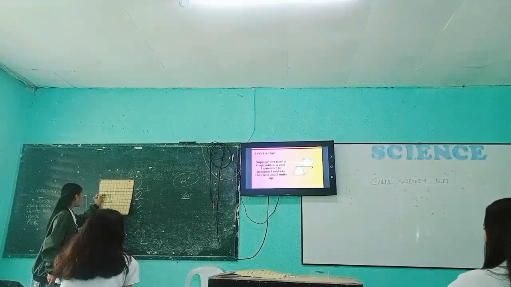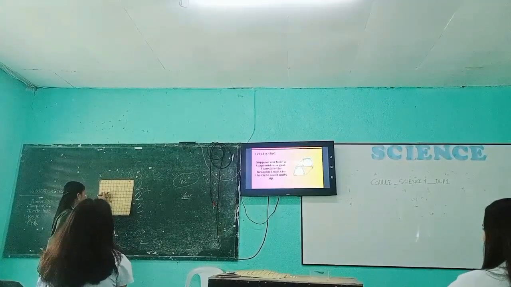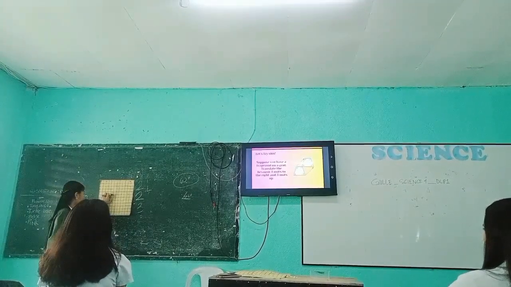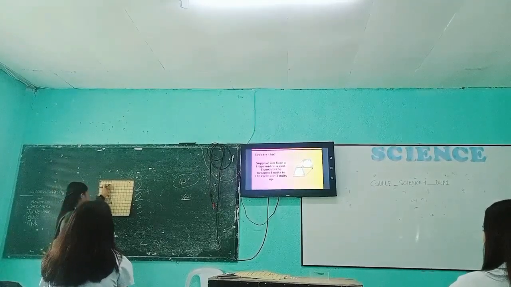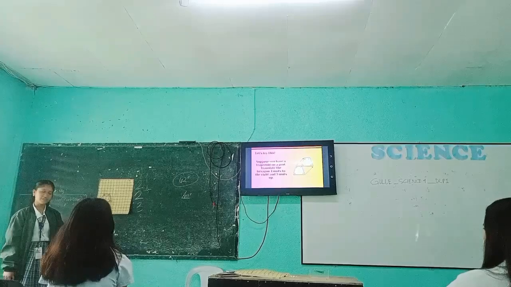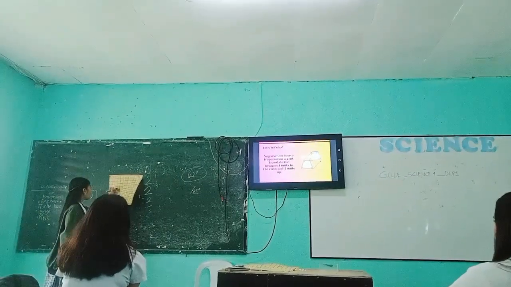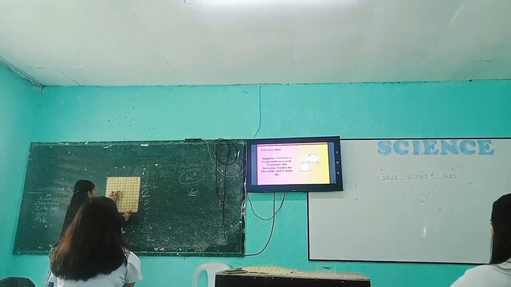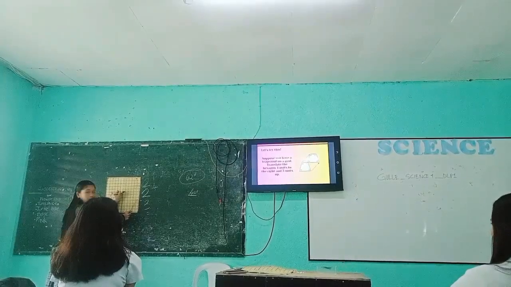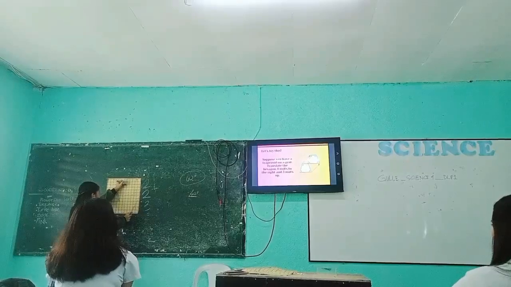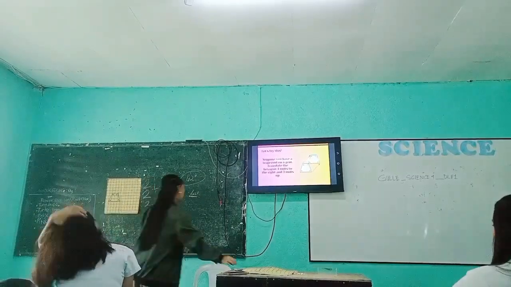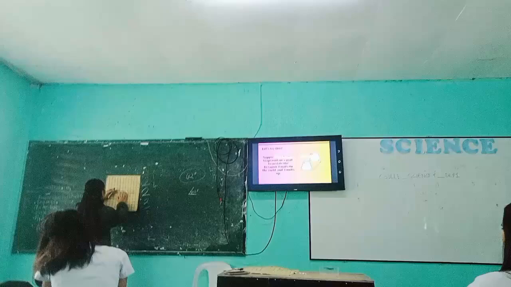1, 2, 3, 4. And then 3 units up: 1, 2, 3. Here. Next, letter C. 1, 2, 3, 4. 3 units up: 1, 2, 3. So here. Now we have translated the pentagon.